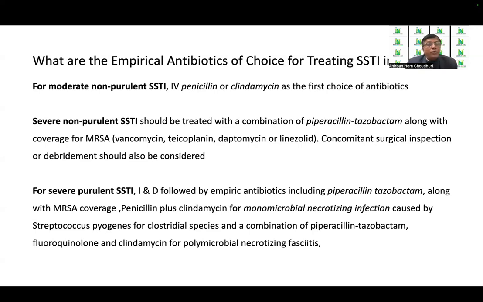For severe non-purulent SSTI, a combination of piperacillin tazobactam along with coverage for MRSA, along with concomitant surgical inspection or debridement if required. For severe purulent SSTI, I and D, that is incision and drainage, followed by empiric antibiotics including piperacillin tazobactam along with MRSA coverage.